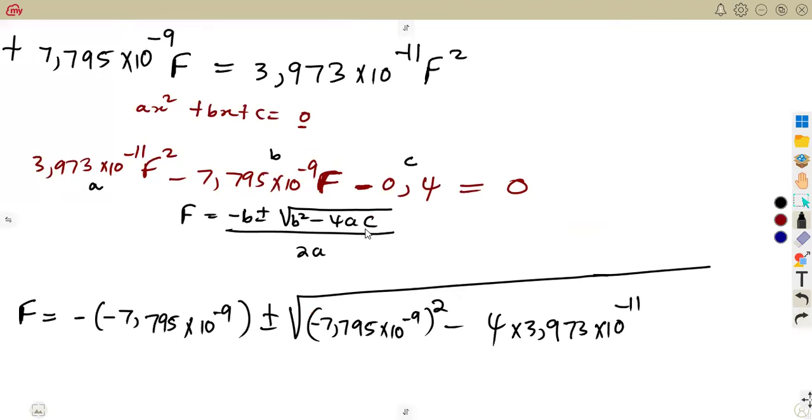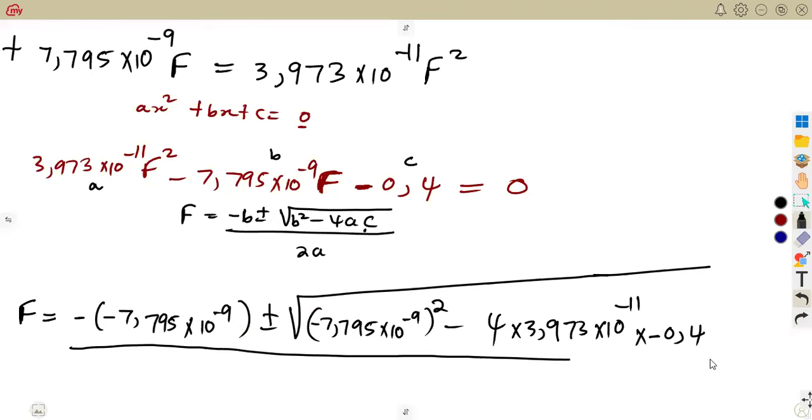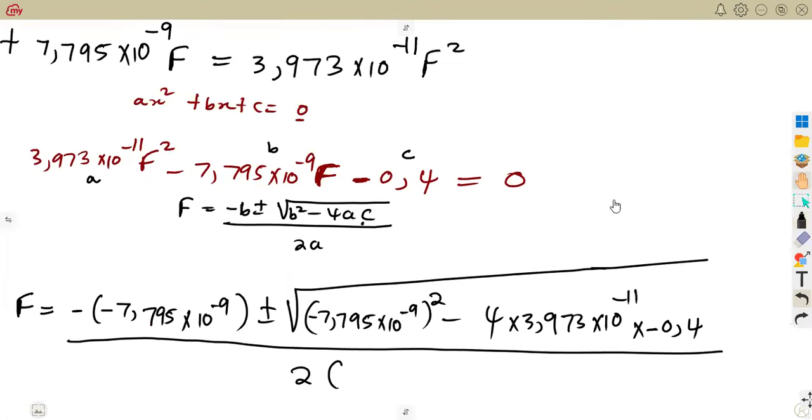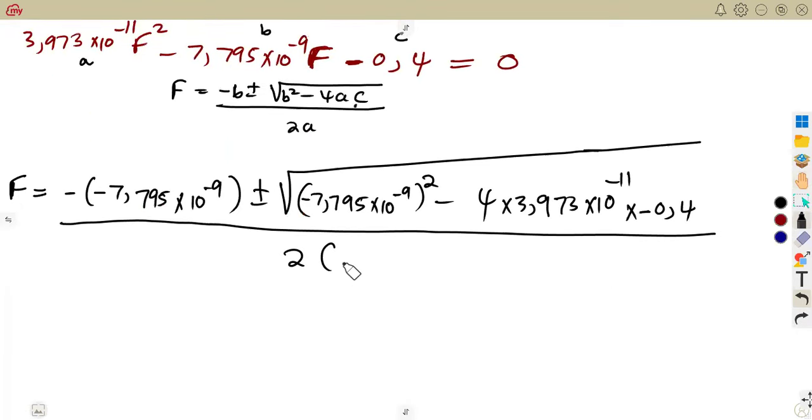That's 4ac. Our c is -0,4. So this whole part is over 2 times a, where our a is given. That's our a, which is 3,973 times 10 to the exponent of -11, just like that.